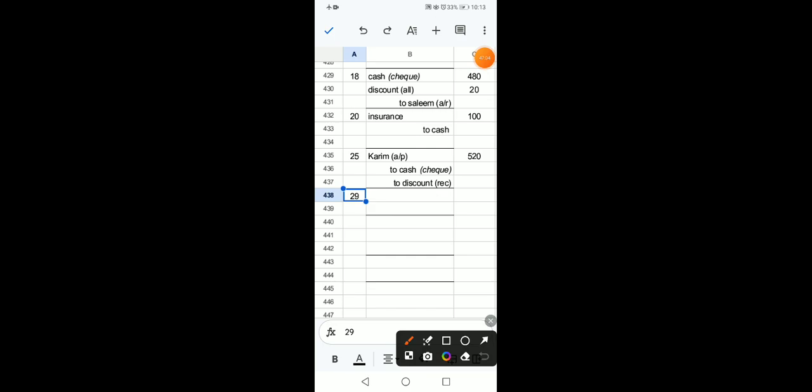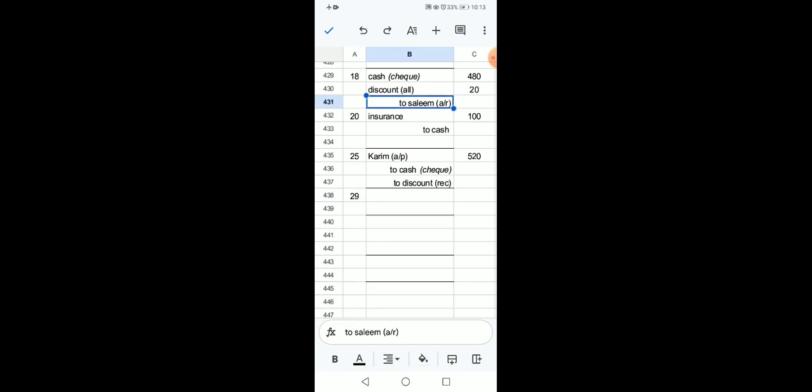Let's start it. You have received a check at first step from Salim, and then you have endorsed the same check to whom? Kareem. Where Kareem will go? Kareem will present this check to bank, and from bank he would try to withdraw amount from the bank account of Salim, as you have received this check from Salim.